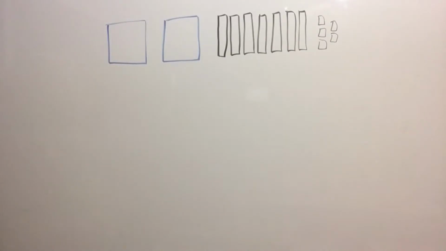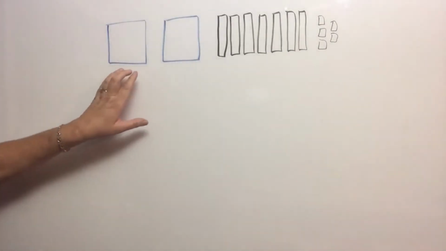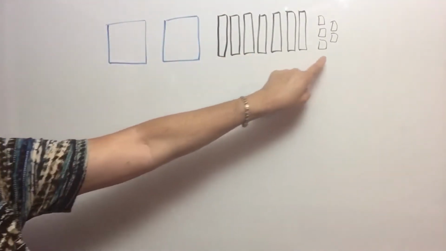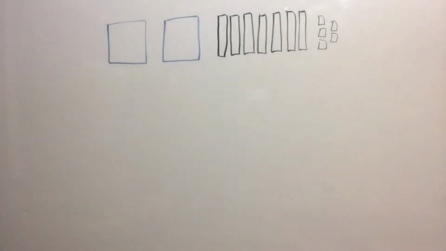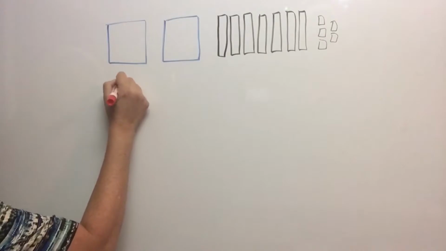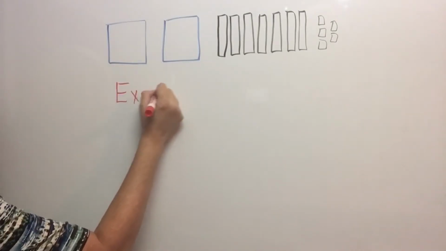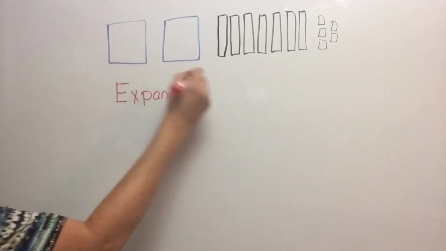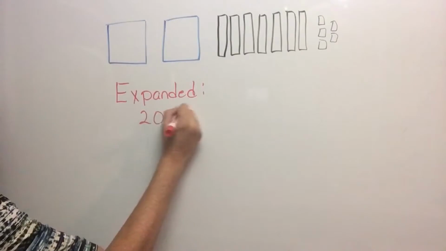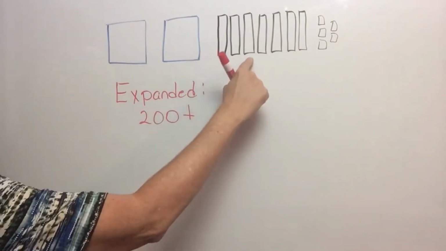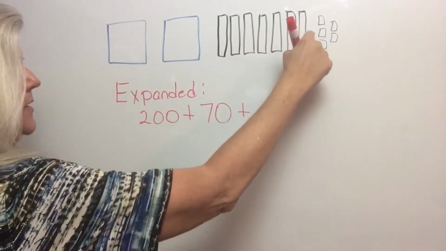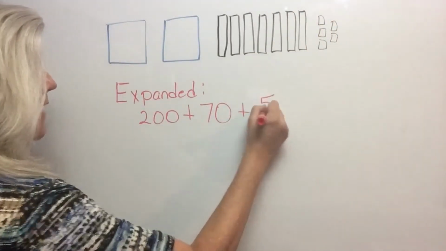Now in your workbook, you are going to see the next problem has 2 hundreds, 7 tens, and 5 ones. Now the first thing we're going to do is write that in expanded form. You do need to write this in your workbook. So expanded form, we have 200, so we write 200, plus 70, plus 1, 2, 3, 4, 5.